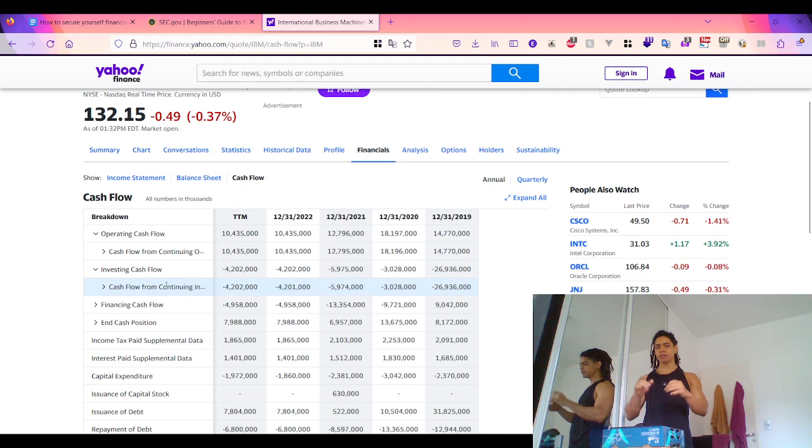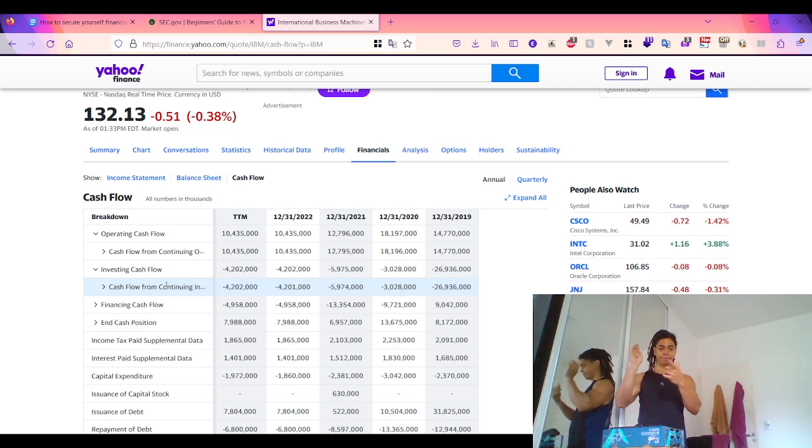And then the second is investing. The second part of the cash flow statement is investing. The cash flow from investing operations generally relies on the purchase or sale of long-term assets.